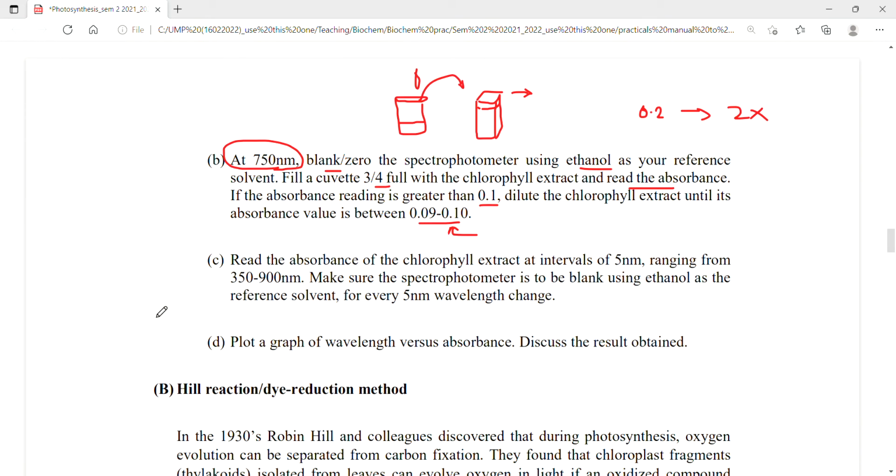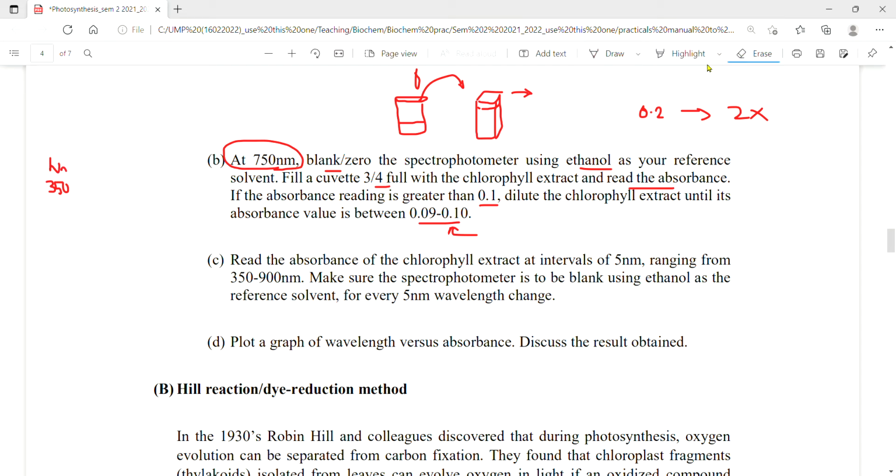Okay, the next step is the one where we look into where the chlorophyll extract absorbs maximally, the range the chlorophyll extract can absorb. So we reset the spectrophotometer to 350.